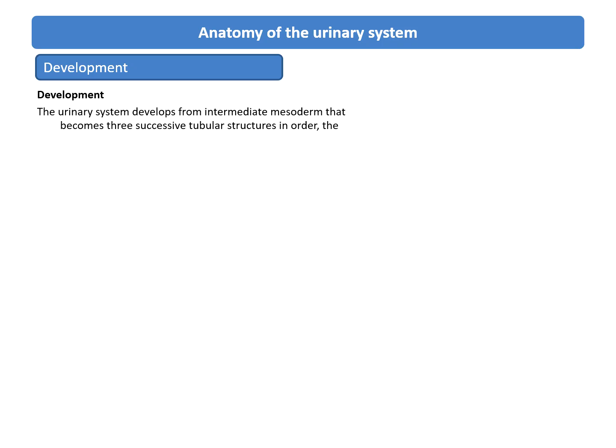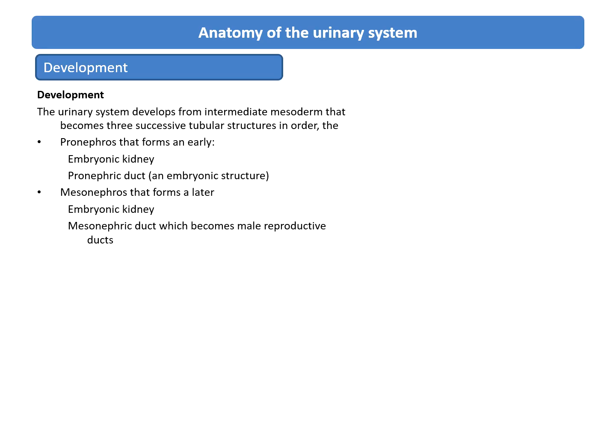it develops from an intermediate mesoderm that becomes 3 successive tubular structures. In order, there's the pronephros that forms an early embryonic kidney, drained by a duct called the pronephric duct. These are both embryonic structures.